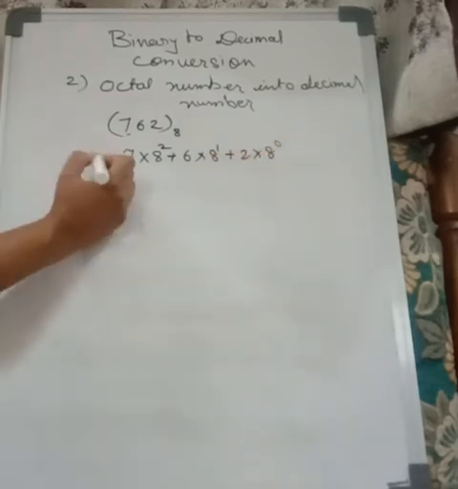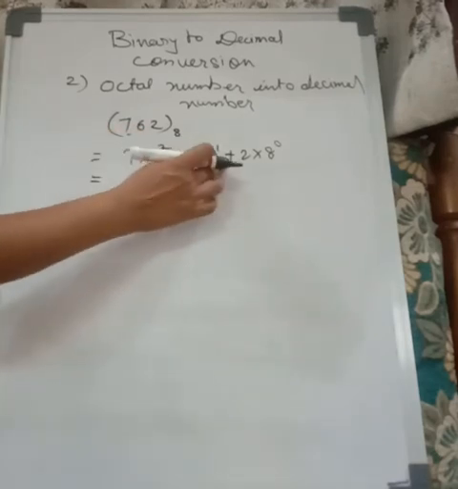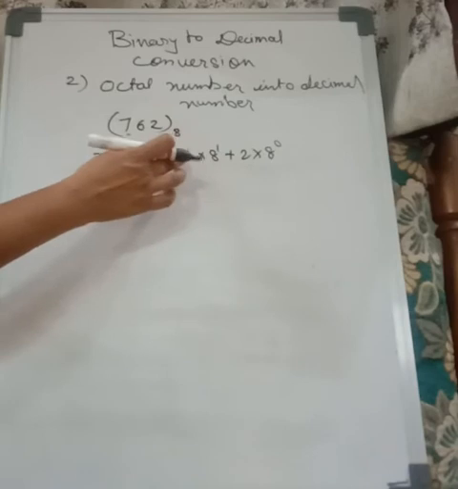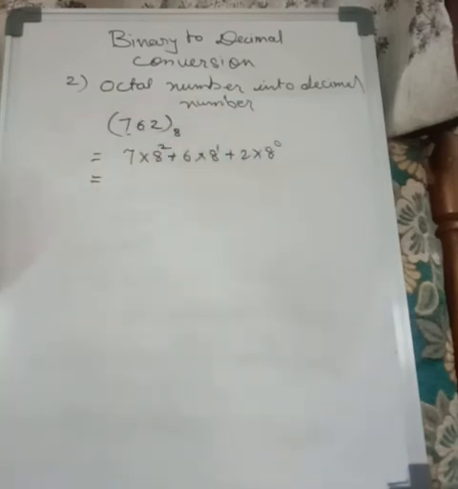Okay, and this we need to solve like a mathematical problem. Very simple. 8 squared is 64, 64 into 7 we need to do. And then 8 to the power 1 is simply 8, 8 into 6 we need to do, and plus 2 into 8 to the power 0. Likewise, we need to solve this.